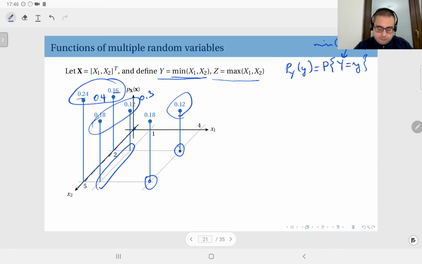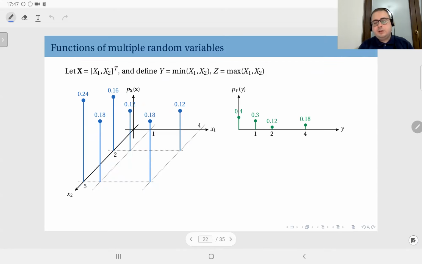And here we have the pair 4, 5, so the minimum will be 4. So with this probability, y will take the value of 4. And the distribution here is, as you can see, given. There are 4 values the random variable y can take: 0, 1, 2, and 4, and the probabilities are computed based on this joint distribution.